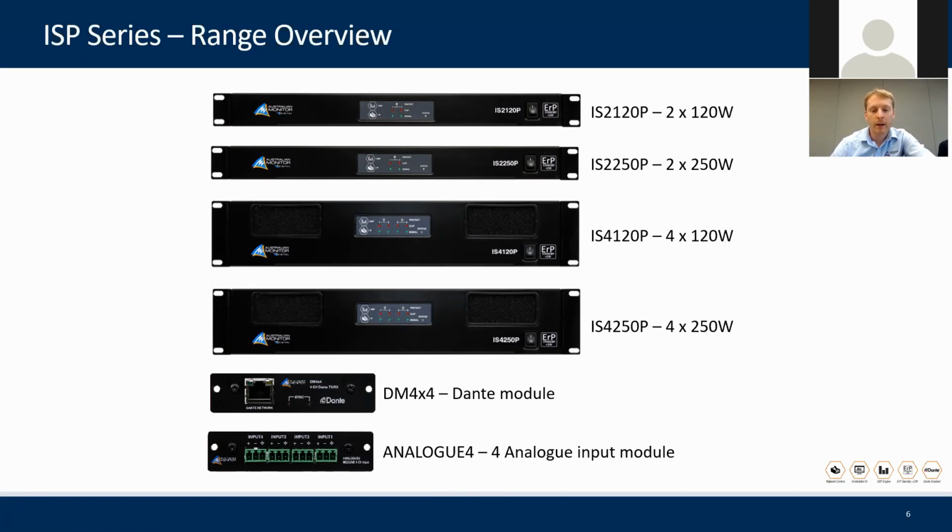There's also an analog 4 card, which provides an additional 4 analog inputs above the existing inputs that exist in the product. So these are deliberately expansion modules to keep the product as cheap as possible if you don't need these features, but giving you the flexibility if you do need them. So again, we'll go into detail later on how those modules are used, how they are installed and configured.